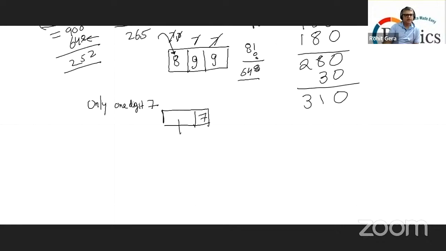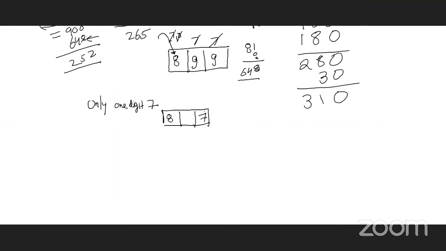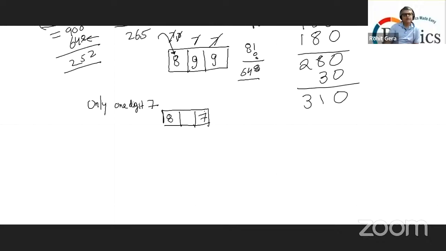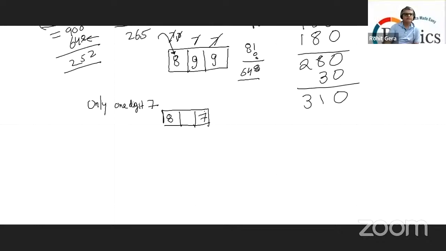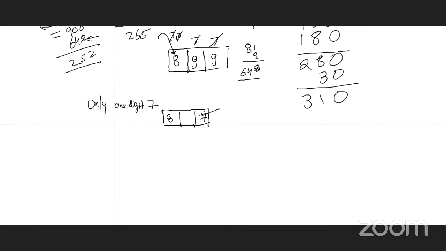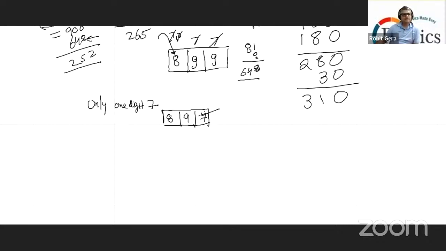So only one number. We can't have a 0 here, so we are left with 8. No, 9. 0 is not allowed. 10 digits, 0 to 9. 7 cannot be used. 7 is done. So 8 9s are, I think, right? 8 into 9. So this should have been 72.